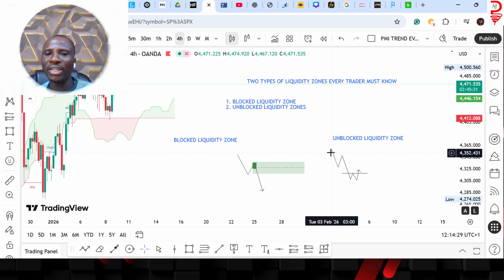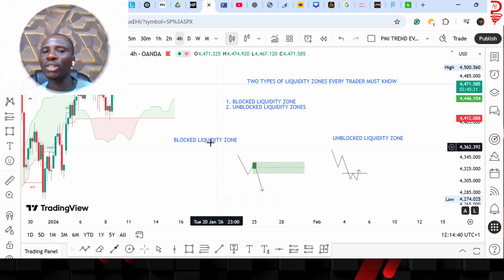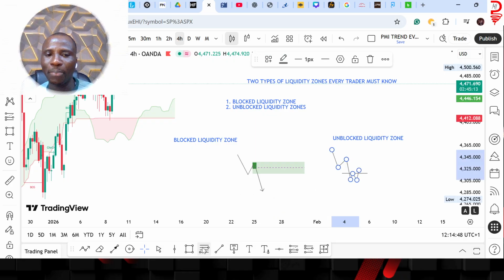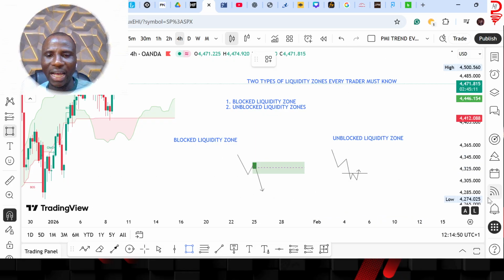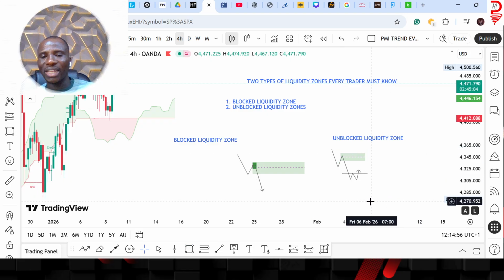So you have this massive move to the downside, a corrective move, then you have another massive move that created a break of structure to the downside. I mentioned blocked liquidity zone. This would have been the blocked liquidity zone, where if the price can come back there, you can probably position for another entry to the downside.